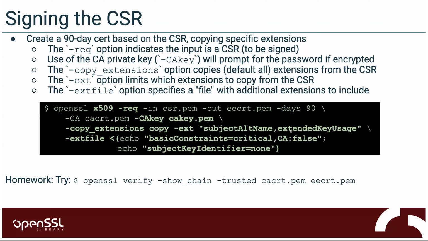I don't care what else it has in it. These are the two that I'm going to extract into the certificate. But in addition to copying the extensions, I can also say, well, add a couple more that I always want to add to end entity certificates. Basic constraints CA false, subject key identifier none. You don't need a subject key identifier in an end entity certificate. It's not going to issue certificates to anybody else. So the subject key identifier is just bloat in there, so we're suppressing it. Okay.